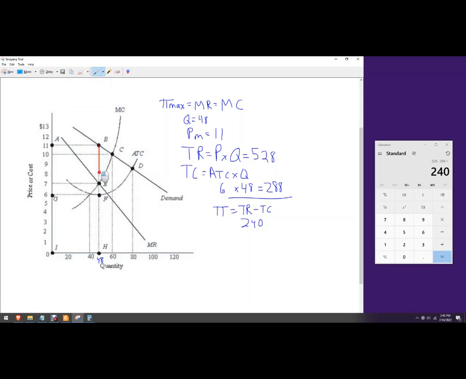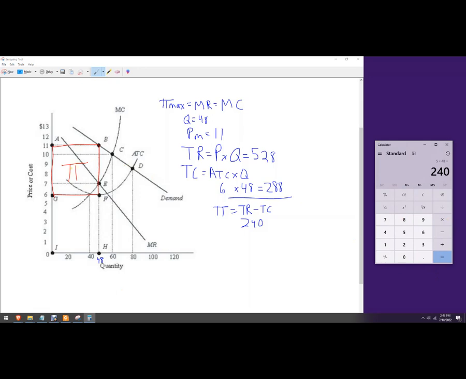If we follow this down to where it hits total cost, this red rectangle also represents profit. You could calculate the difference between 11 and 6, which is 5, and then 5 times 48. I'll bet it's going to be the same. It's 240.